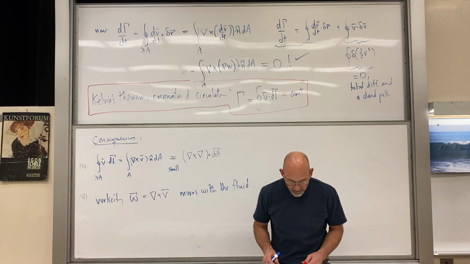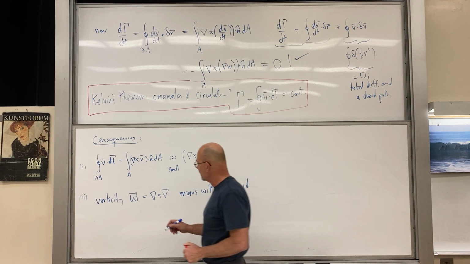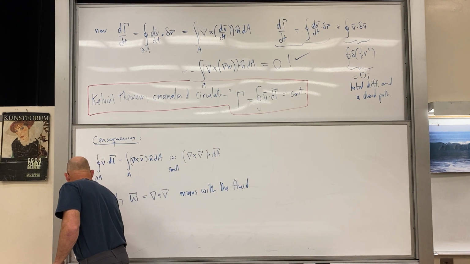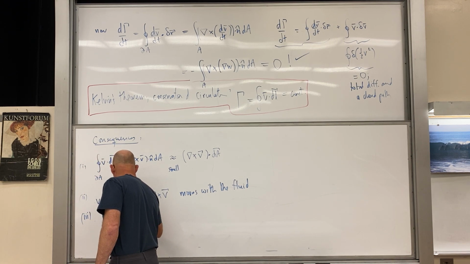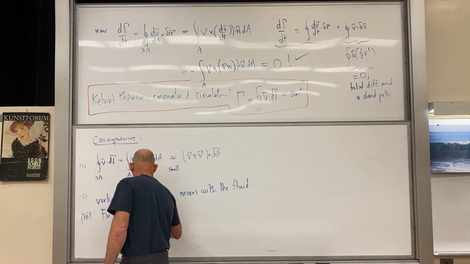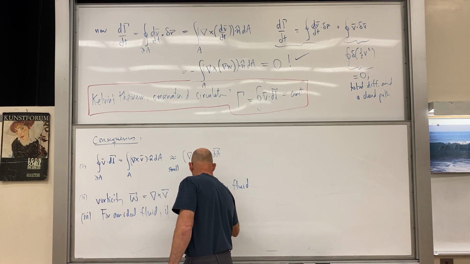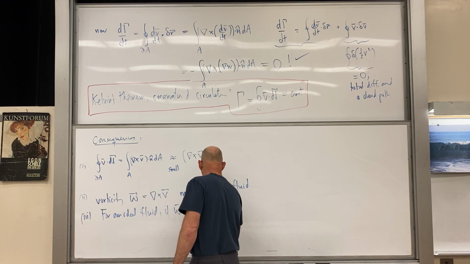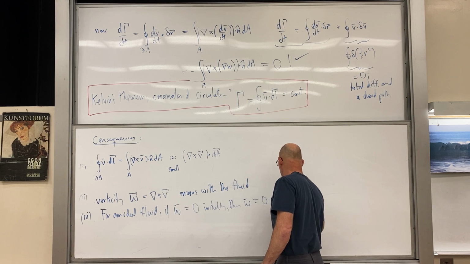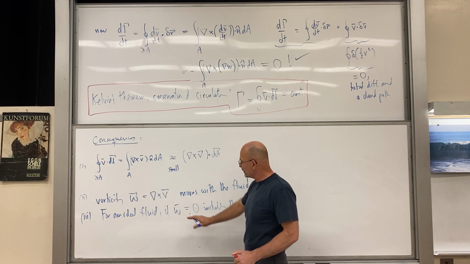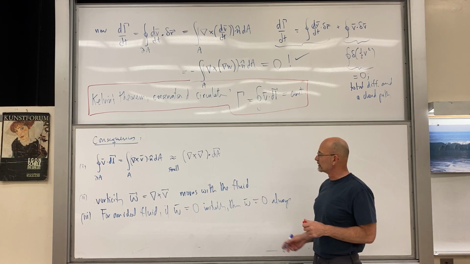So let me try to pull that together here. I'll give some examples. So what I just said, I'll put down here in words. For an ideal fluid, if omega equals 0 initially, then omega equals 0 always. And it's also the other way around. If it's not equal to 0, then it's not equal to 0 as it gets carried through the fluid.